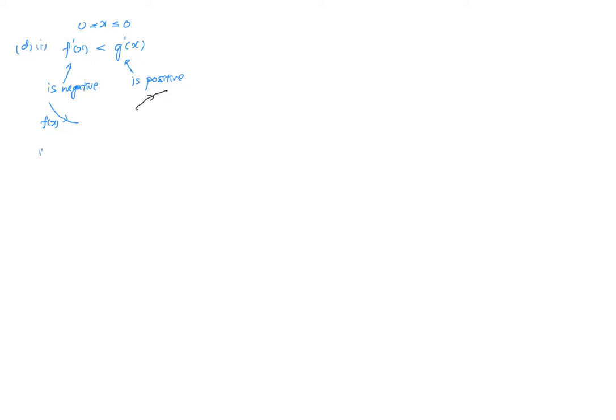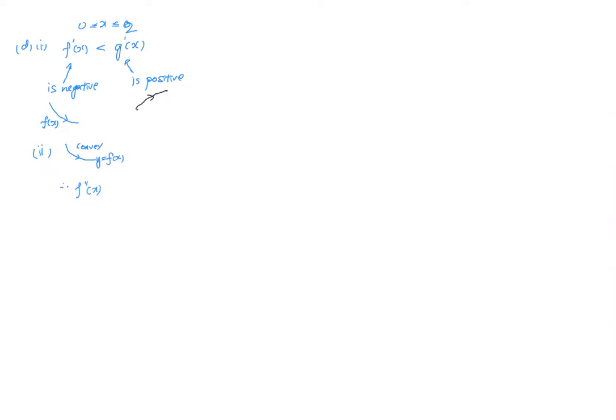Second part. For x between 0 and 2, which statement is true? Just now Marcus, you said the shape is convex, that is correct. Because for x between 0 and 2, fx is convex. This is for y equal to fx. So therefore, f double prime x is positive.